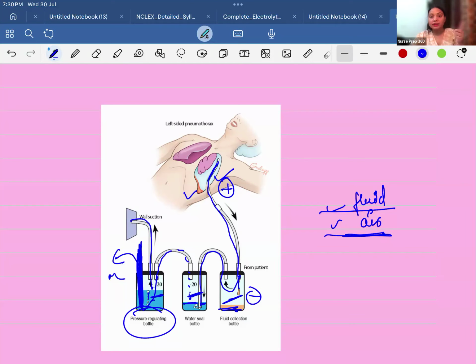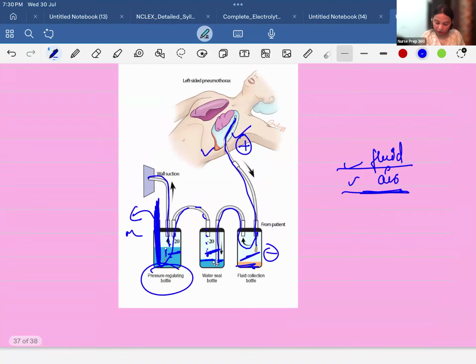That's why there was leakage in the bottle, and hence it was causing more problems to the patient. So nowadays, we have combined all this into a box, which is called a modern chest tube.